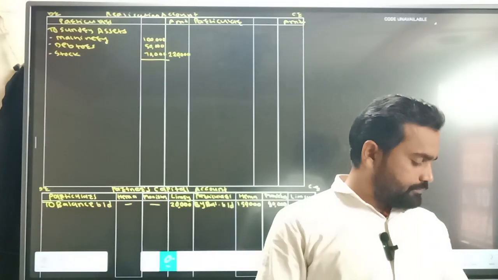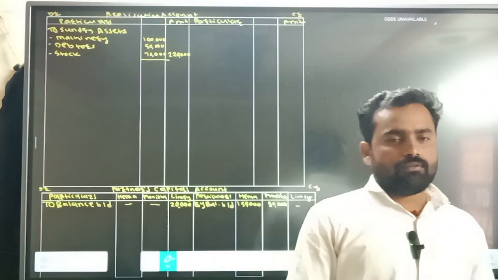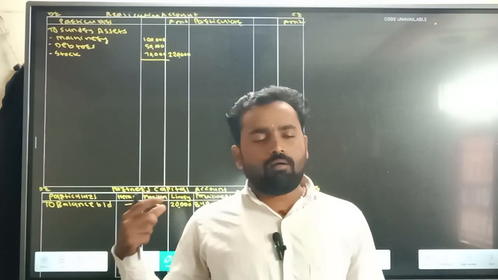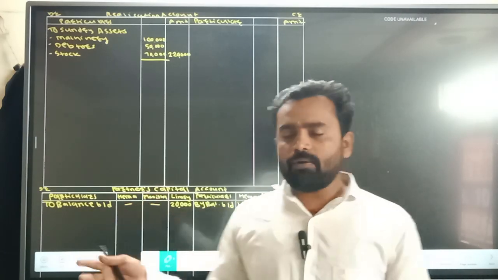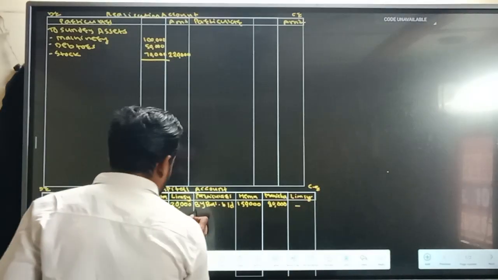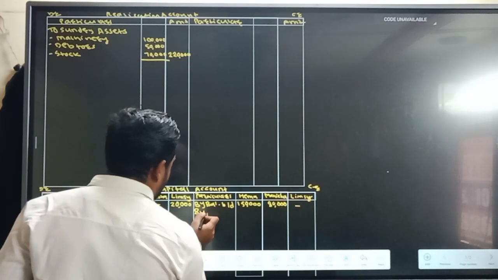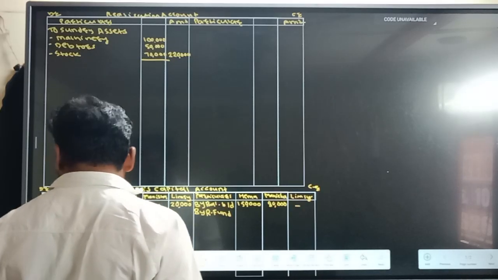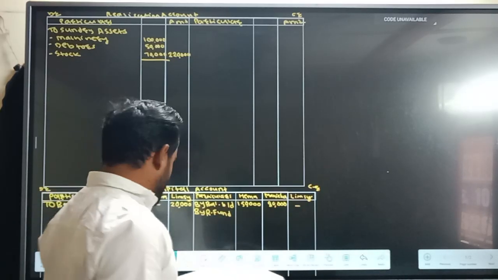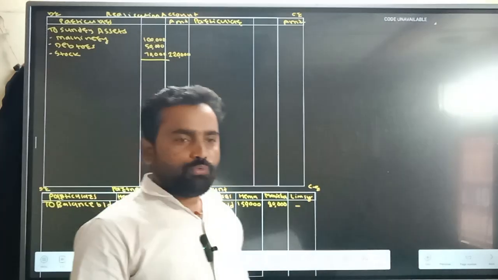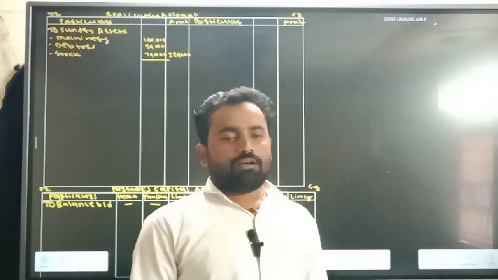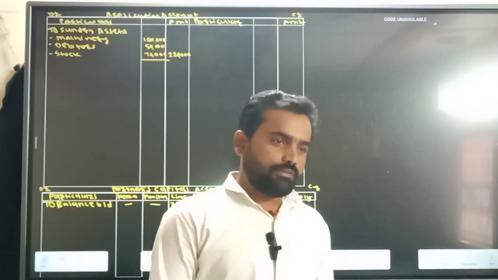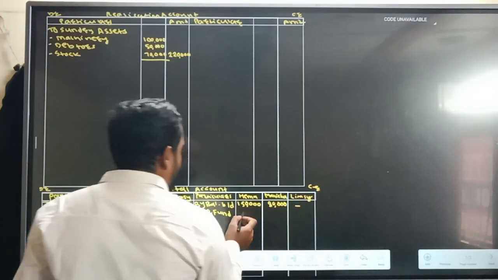Next, reserve fund. The reserve fund is distributed among these partners. The 3 partners can share the reserve fund. So write reserve fund, amount 10,000, and the ratio given is 5:3:2. How much will the calculation be? 5,000, 3,000 and 2,000. Very good.